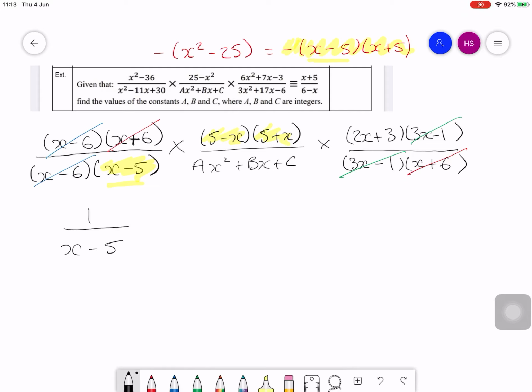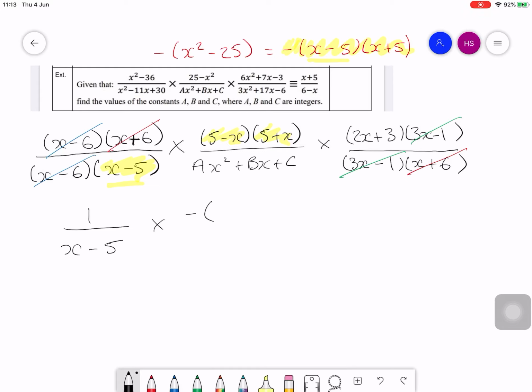So that first fraction, I've only got the x minus 5 in the denominator. So what I am going to do is now take a negative out as a factor of this next numerator.